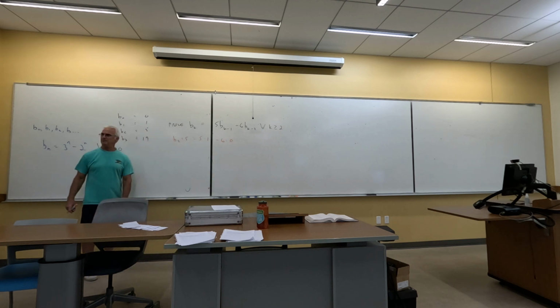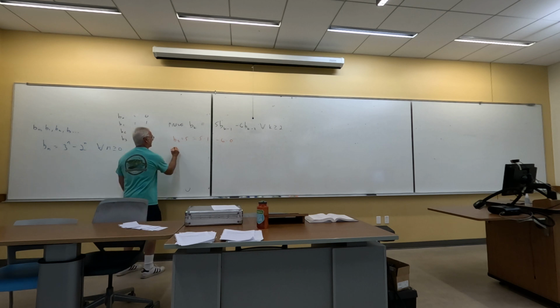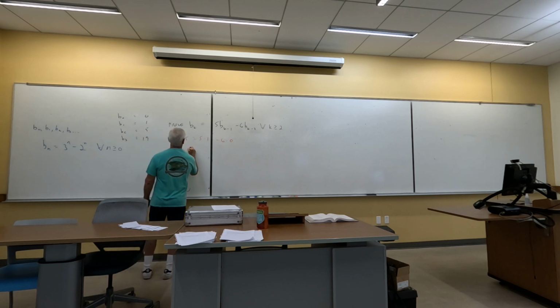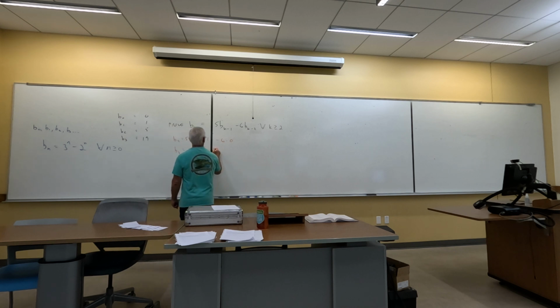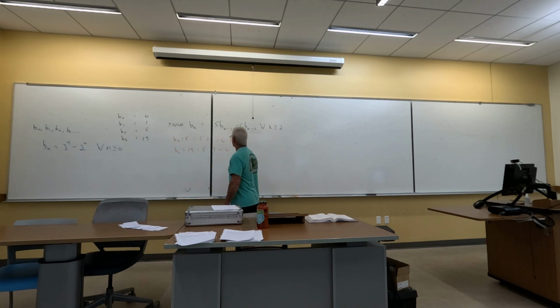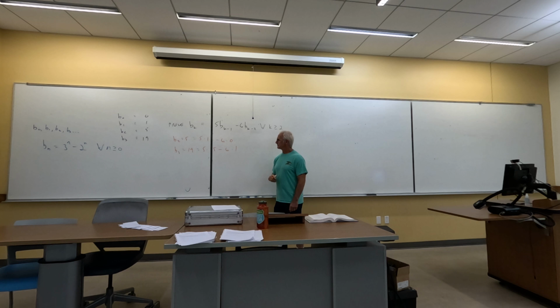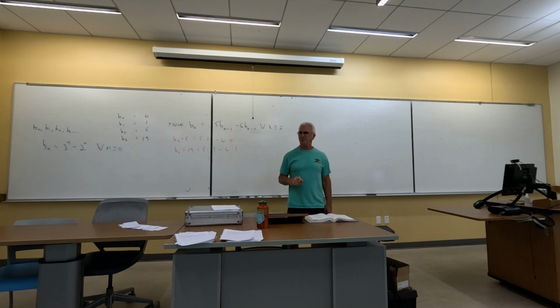Is that a true statement? Yeah. Okay, how about B3, which equals 19? That's supposed to be 5 times B2 minus 6 times B1. Is that true? Okay, that's not a proof, but do you believe it's probably true?